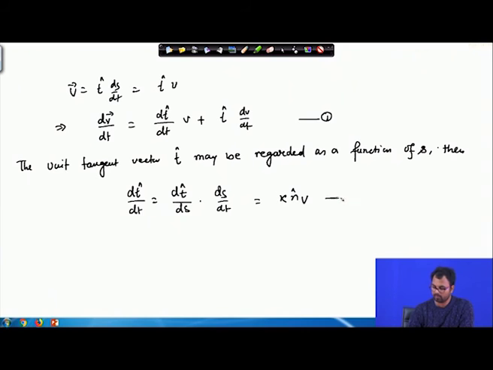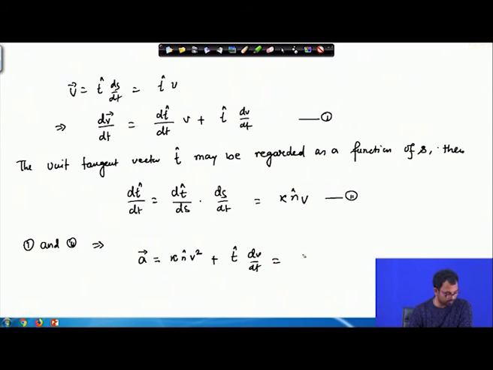From 1 and 2 we will have dV/dt, which is basically our acceleration, equal to dt/dt, which is kappa n times v square, where this v is scalar and these are vectors, plus t times dv/dt.